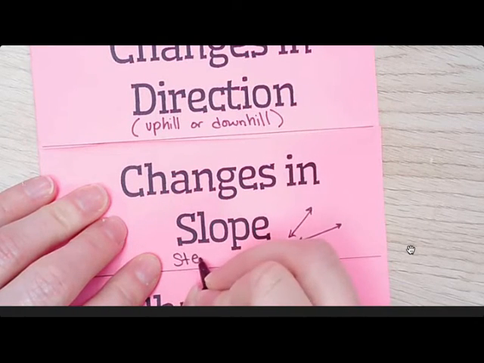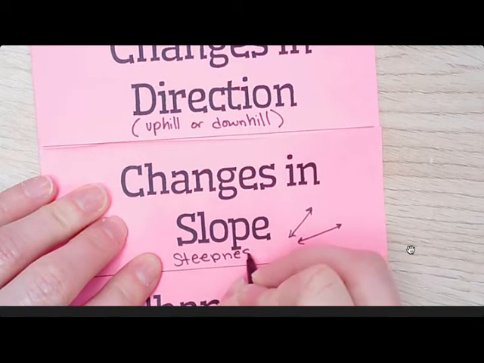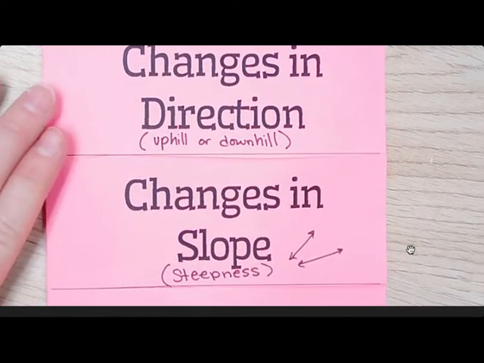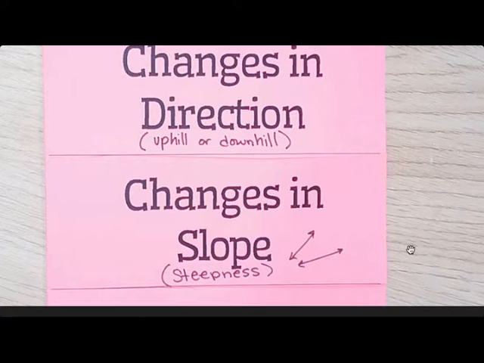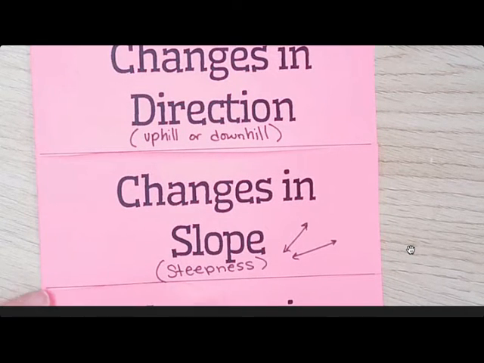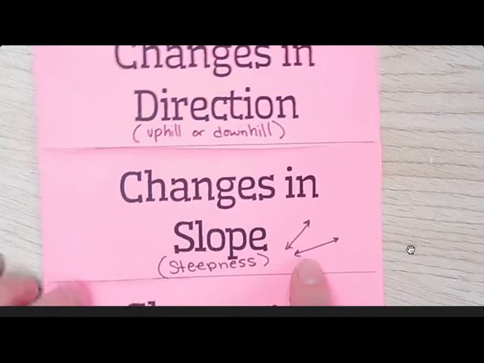So let's put on here steepness. Steepness is our word we're looking for when we talk about slope. You can have a really steep slope or a really flat slope.